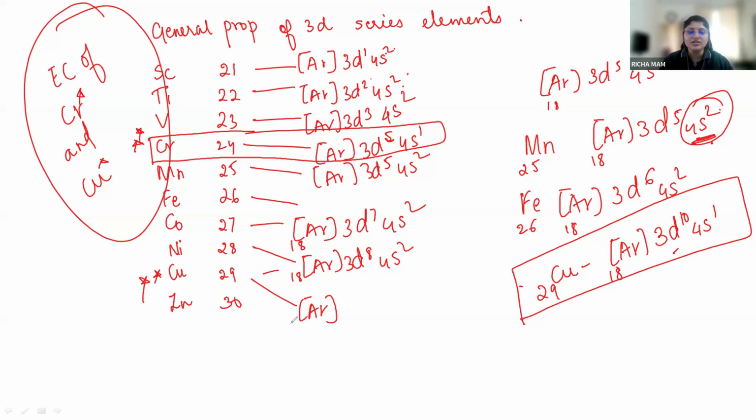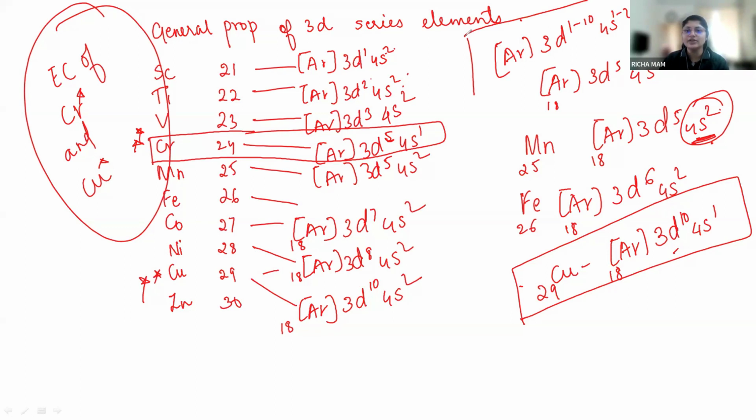Then zinc: argon 18, 3d10, 4s2. Okay, so these are the electronic configurations. Is it clear? So what is the general electronic configuration of this 3d series? It is argon, 3d 1 to 10 and 4s 1 to 2.